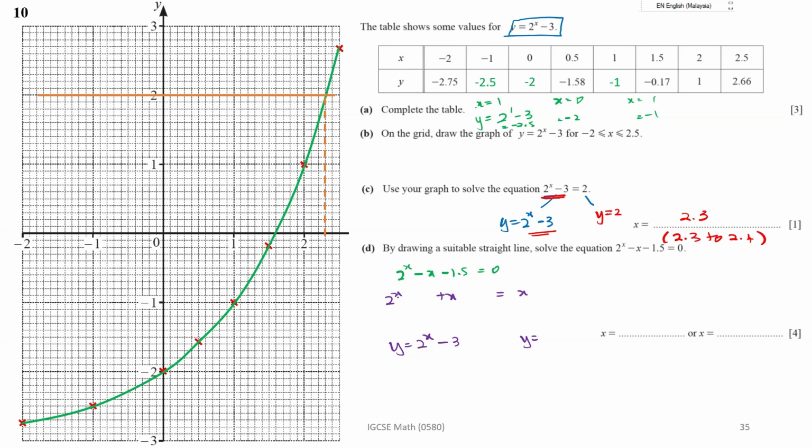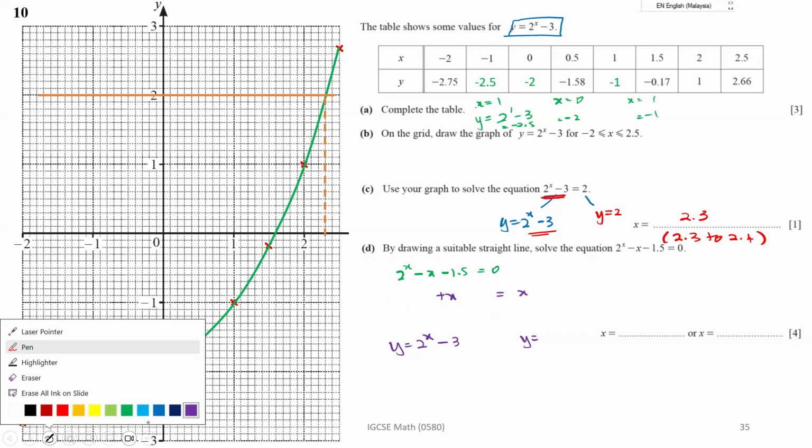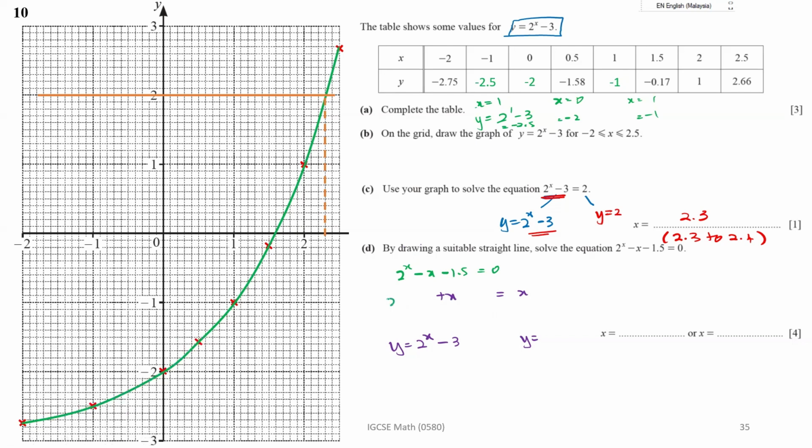Use a different color so it is easier for you to see. We have 2 to the power x minus x minus 1.5.